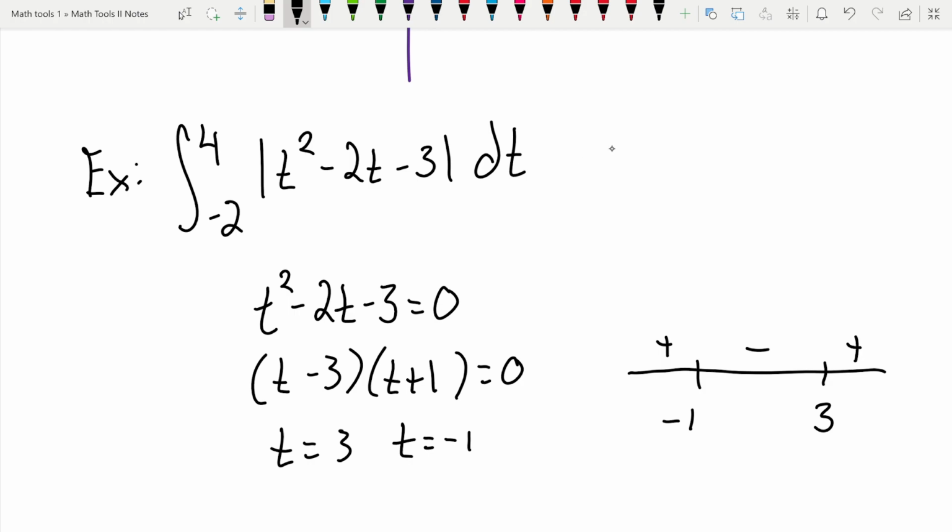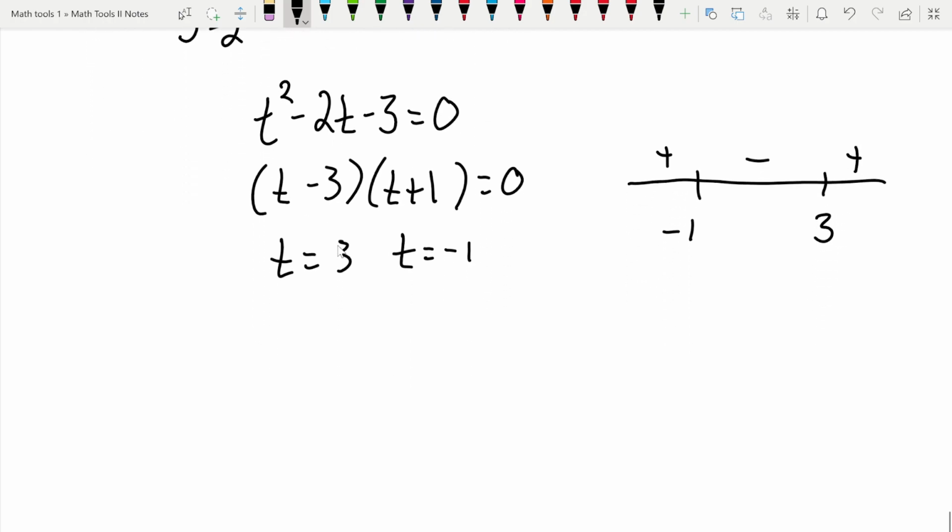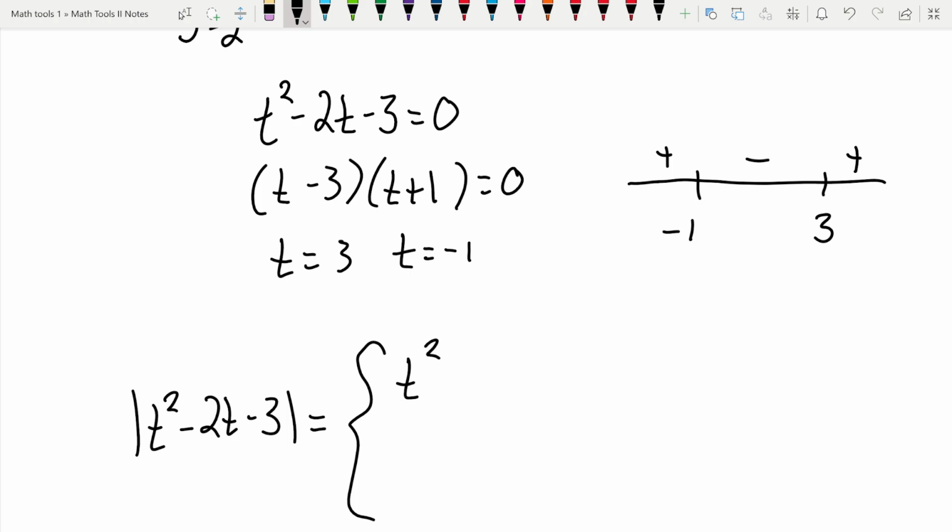So this means that t squared minus 2t minus 3 is equal to the positive version of this if t is less than negative 1 or greater than 3.